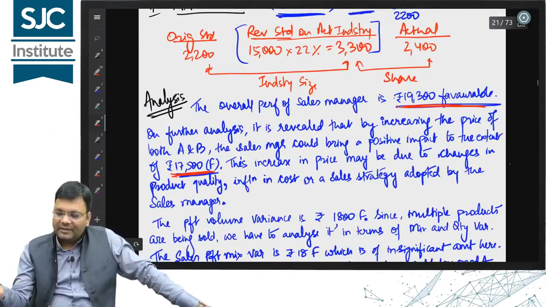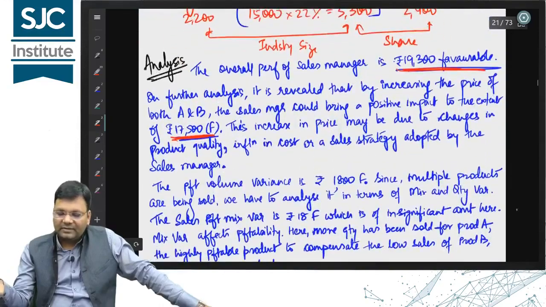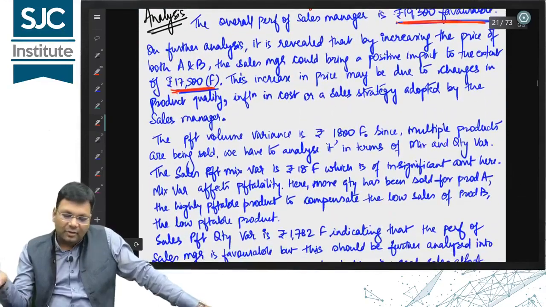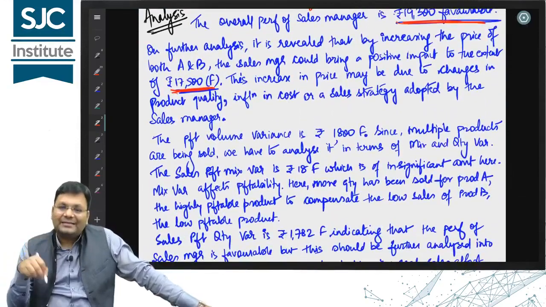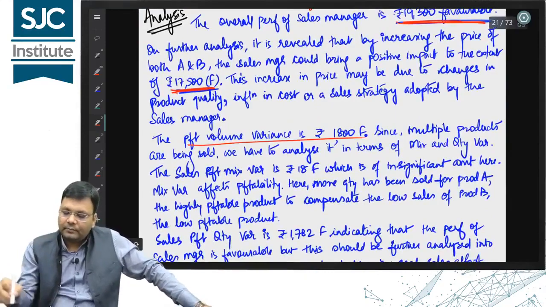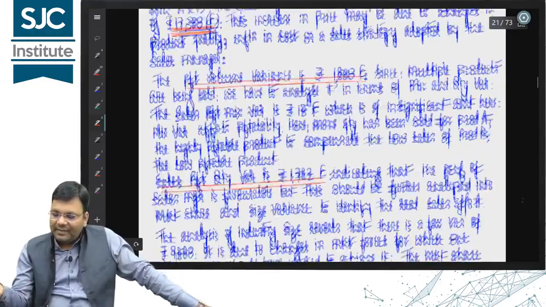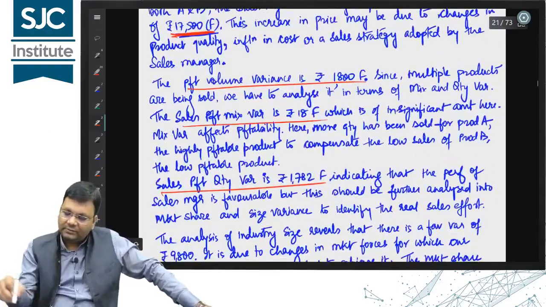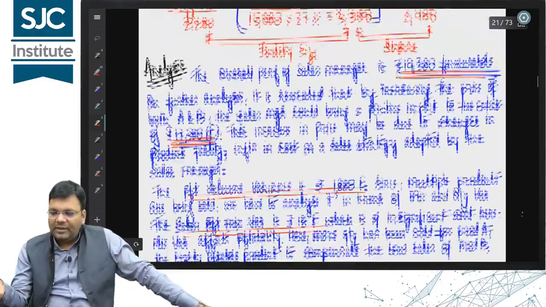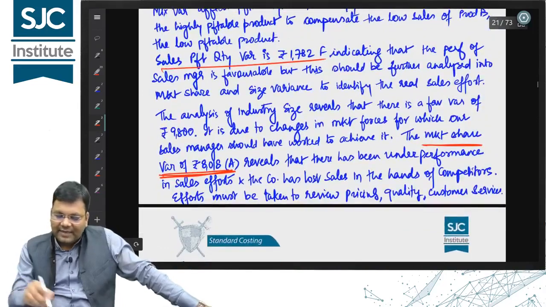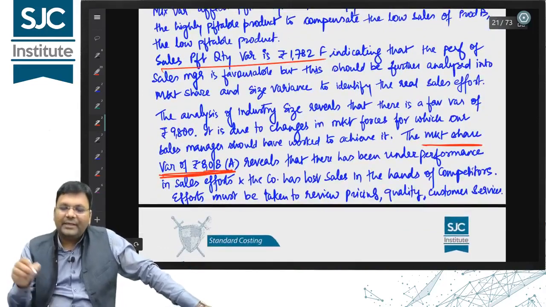Companies become complacent by just seeing the overall performance. But if you don't go deep into the analysis like we are doing, you will be in the mind that everything is going fine. But the fact is, competitors are slowly eating you away.